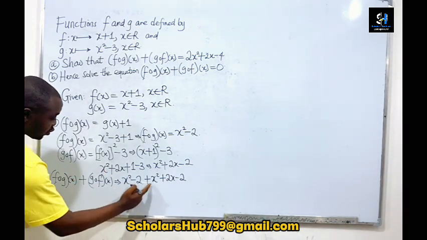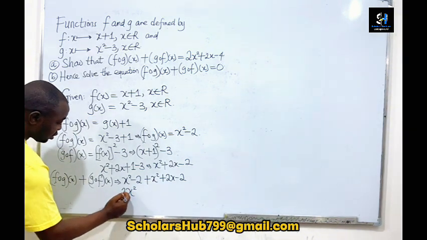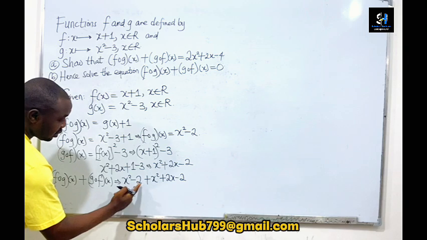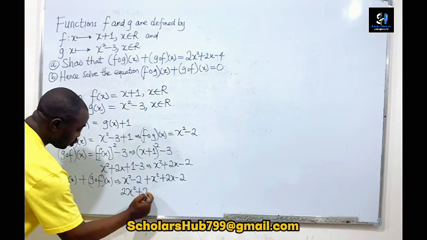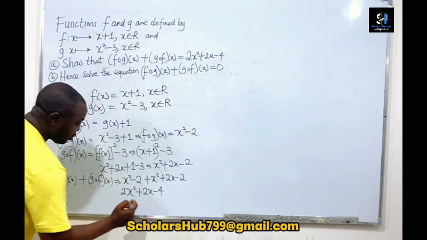So x squared plus x squared is 2x squared, then plus 2x, and minus 2 minus 2 is minus 4.